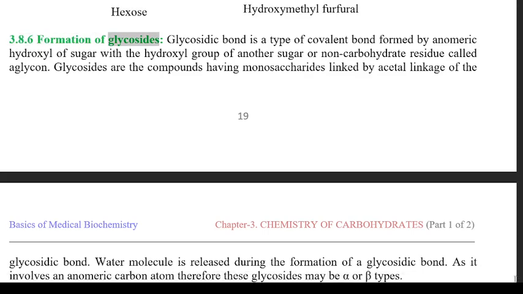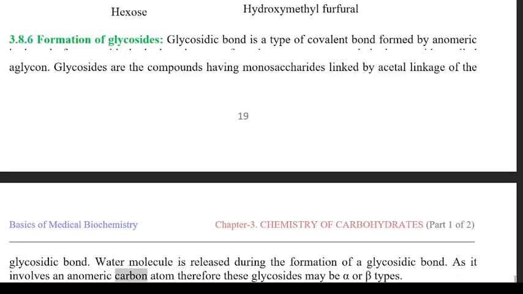3.8.6 Formation of glycosides. A glycosidic bond is a type of covalent bond formed by the anomeric hydroxyl of a sugar with the hydroxyl group of another sugar or non-carbohydrate residue called an aglycon. Glycosides are compounds having monosaccharides linked by the acetal linkage of the glycosidic bond. A water molecule is released during the formation of a glycosidic bond.